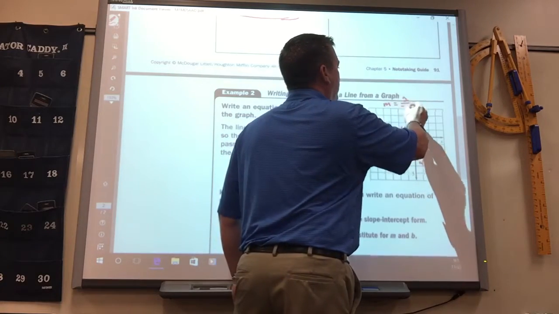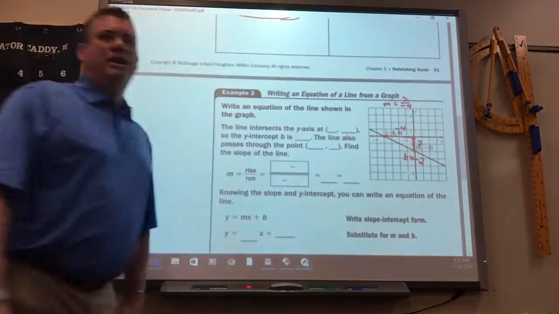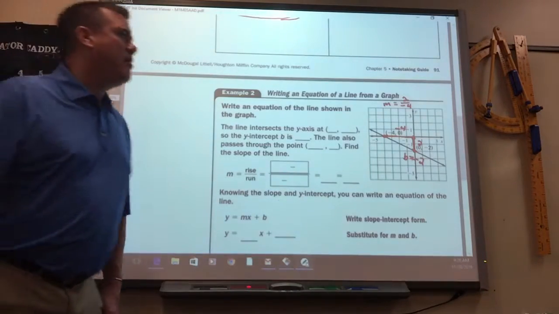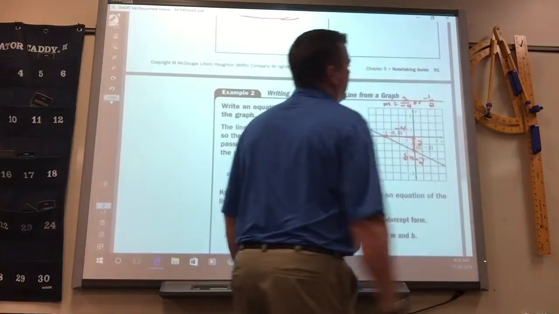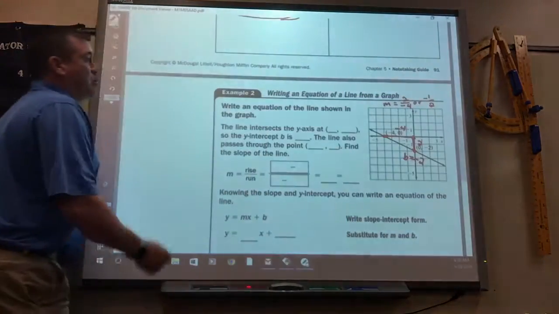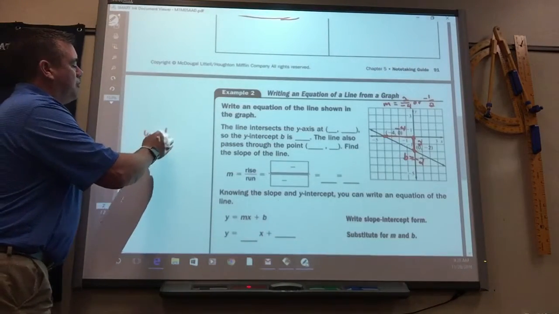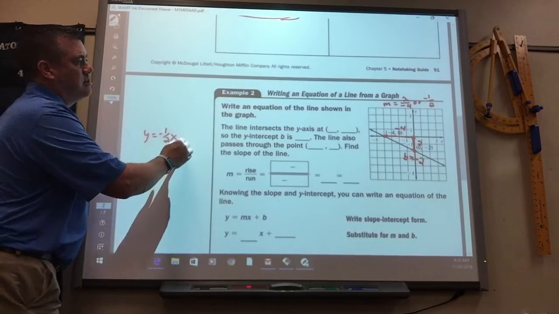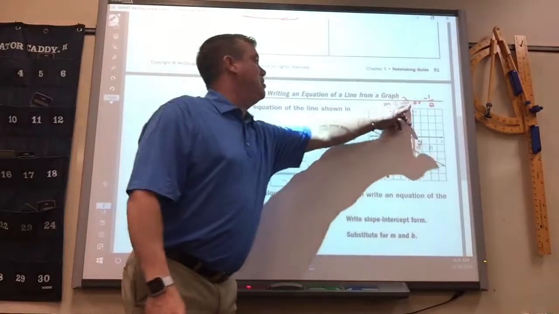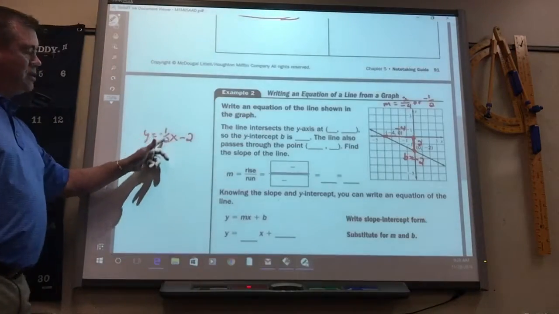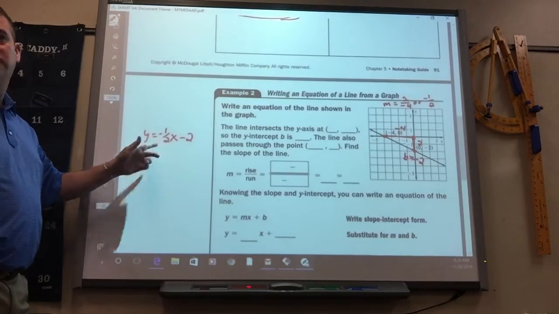So that's 2 over negative 4. You don't need to reduce it, but you can. You can leave it like that or reduce it to negative 1/2. So the equation would be y equals negative 1/2 x minus 2. And again, you could have just left negative 2/4 there too. It would still be correct.